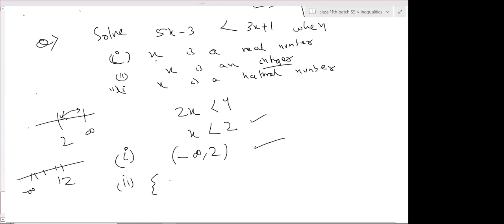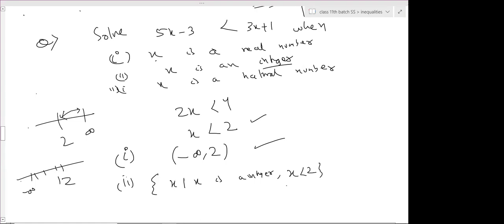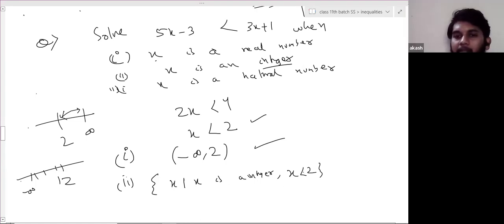Where x is an integer, x belongs to Z, and x is of the form, I don't know. You can write x is an integer and x is less than 2. That takes care of everything.